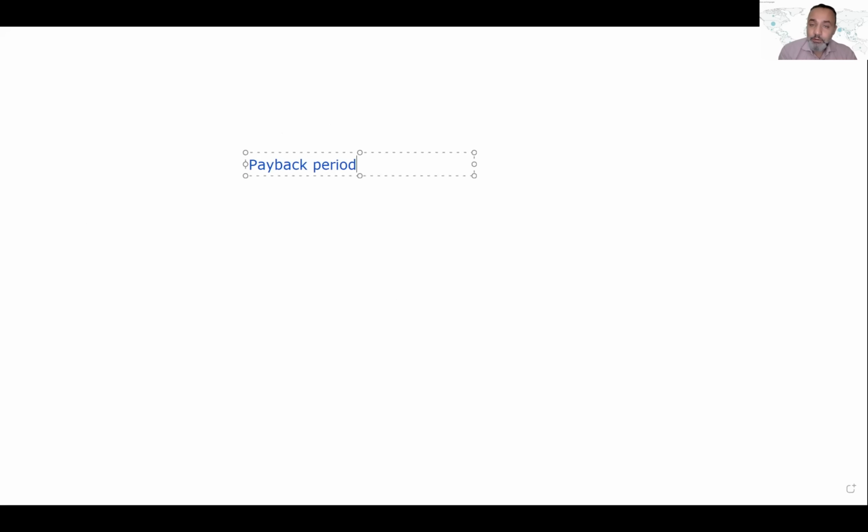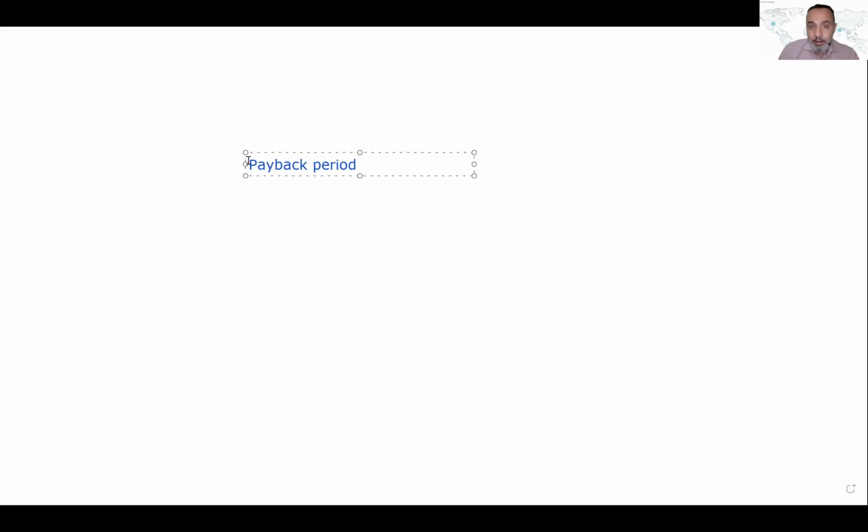So if you have 2 projects, one project will give you back your investment in 2 years, and the other project will give you back your investment in 3 years, which project do you select? The one with a payback period of 2 years or the one with 3 years? Of course, the one with 2 years. So the less is the better. But the payback period is actually the worst financial measure that you can use.